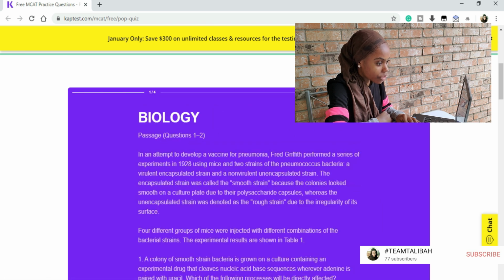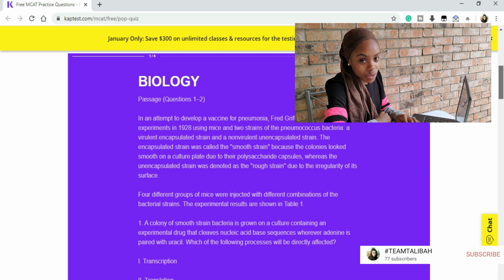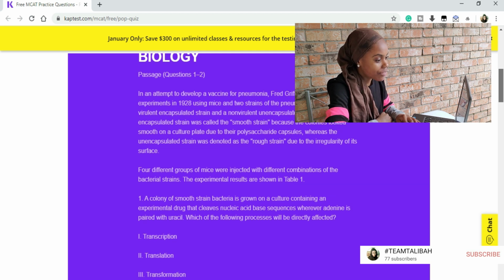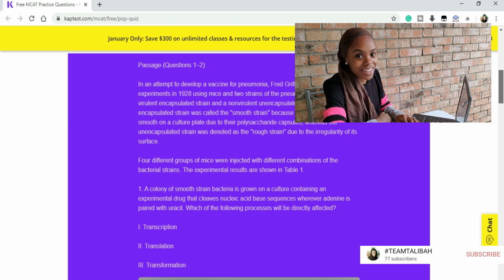The first question is biology, with passage questions 1 and 2, and I hope I get this right because just by looking at it, some of the evidence I learned from AP Biology and also Human Anatomy and Physiology. So let's give it a try.